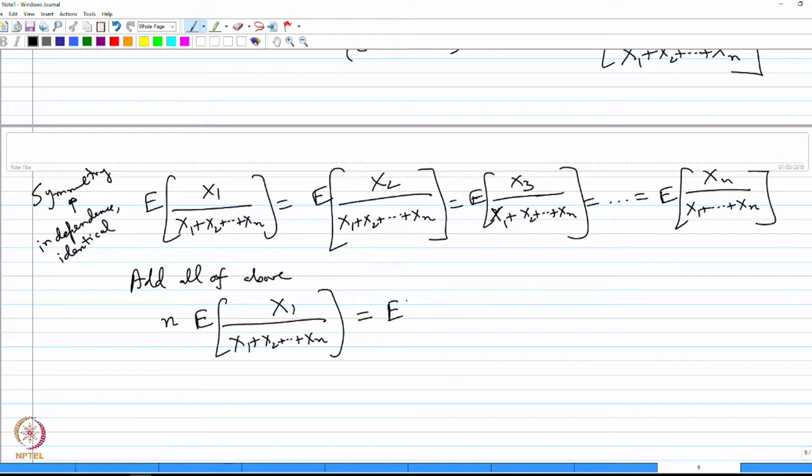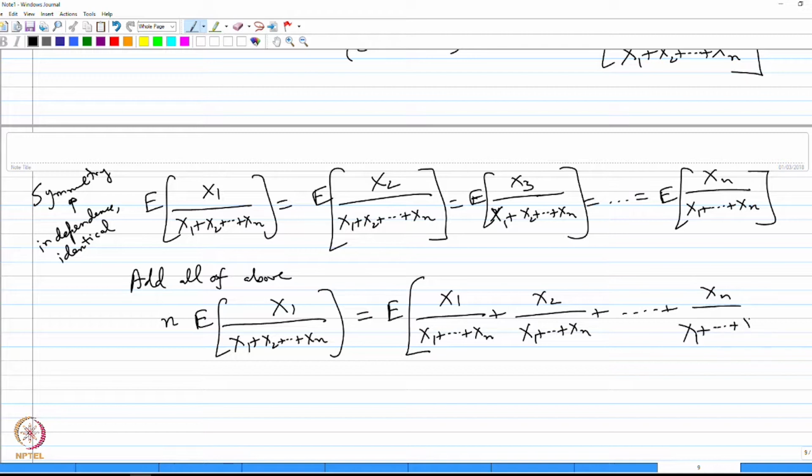So this is just the expected value of x1 by x1 plus xn plus x2 by x1 plus xn plus xn by x1 plus xn. You can see why this is true by linearity of expectation. Expectation distributes over addition.